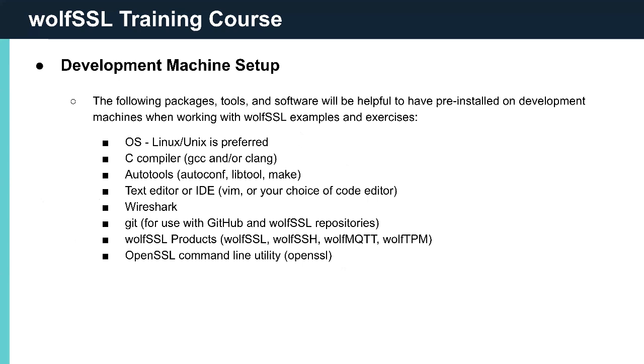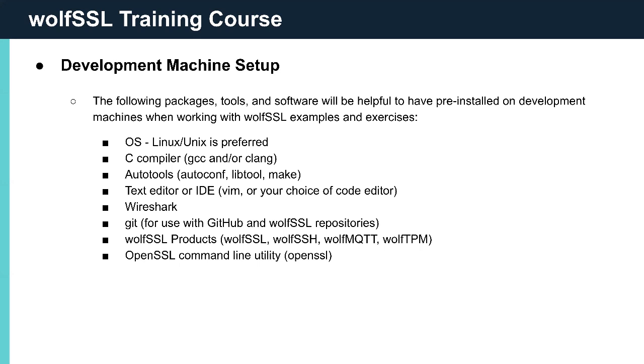If you are going to be following along and trying some things on your own machine, these are some things that are helpful to have installed to build, run, and debug some of our example applications. As far as OS, Linux, Unix, or Mac works well with the AutoConf system. You can also do Windows with Visual Studio or Cygwin or MinGW. You'll need a C compiler and autotools, since most of our products use autotools with your standard configure, make, install process.